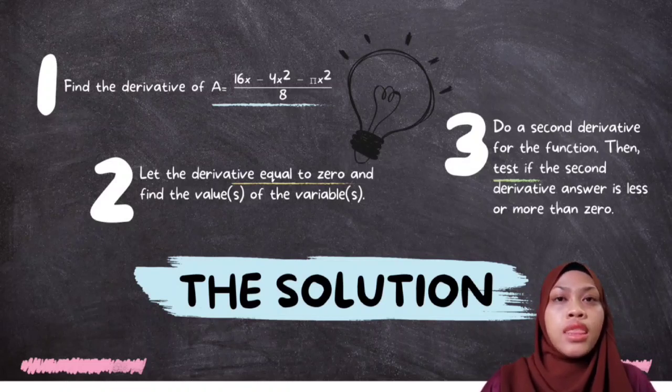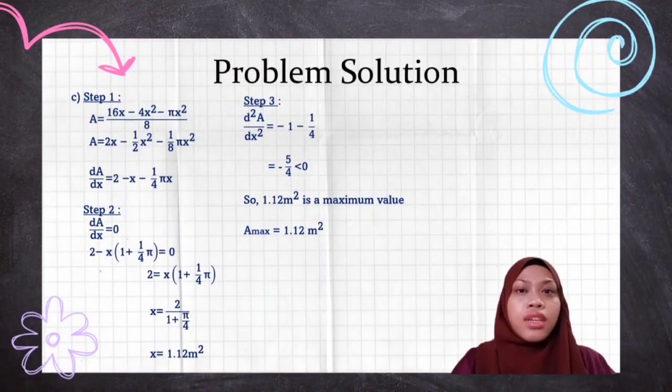Then, let the derivative equal to 0 and find the values of the variables. Lastly, to know if the answer is a maximum or minimum value, do a second derivative for the function. Then, test if the second derivative that we got is less or more than 0. Here is the calculation for question C.